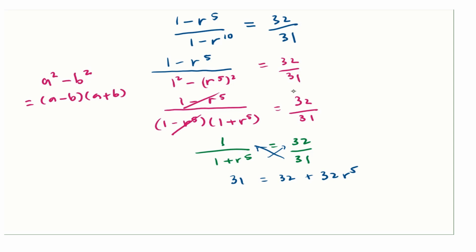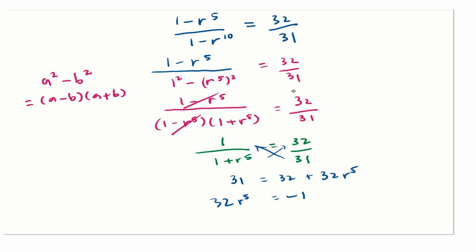So then we change, when we reverse, 32 R power 5 is negative 1.